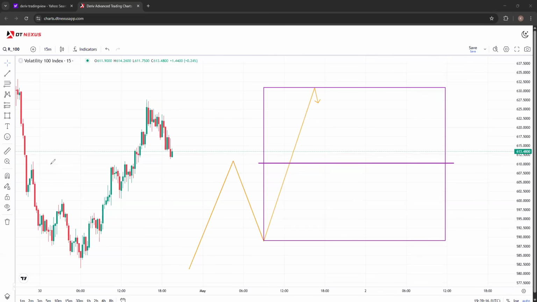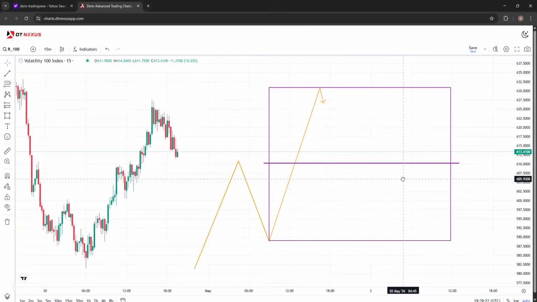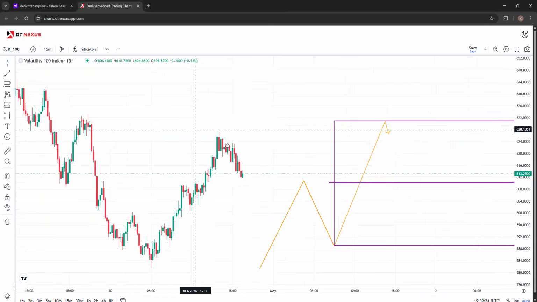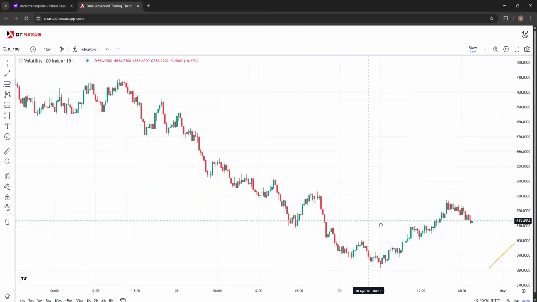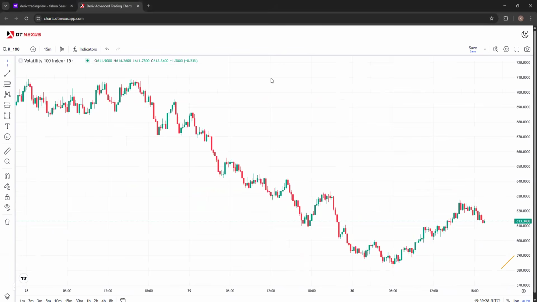So what I'll do here is I'll show you a tool that is called a Fibonacci. And a Fibonacci, like I said, is a retracement tool, right?